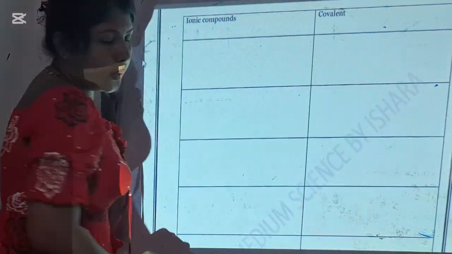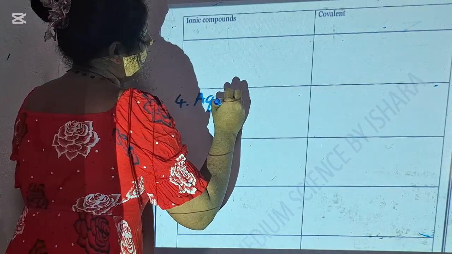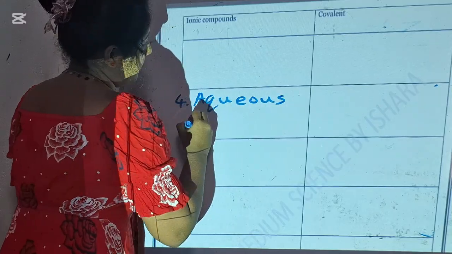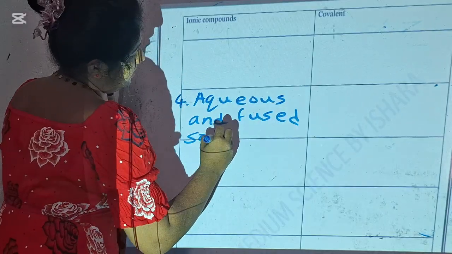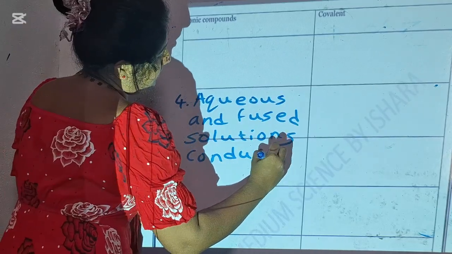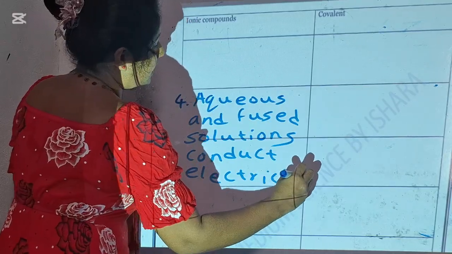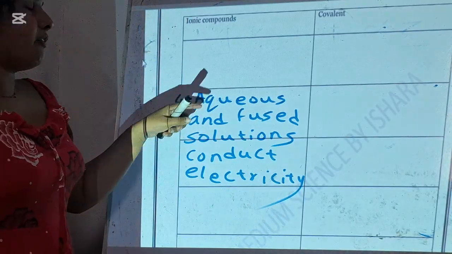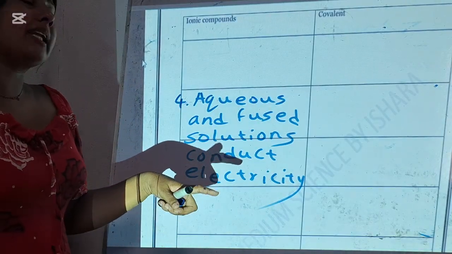Next one, fourth: aqueous and fused solutions conduct electricity in ionic compounds. Aqueous means water solutions, fused means after heating the compound we can make the liquid.